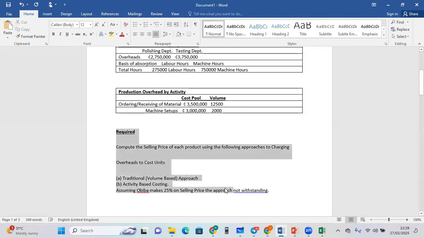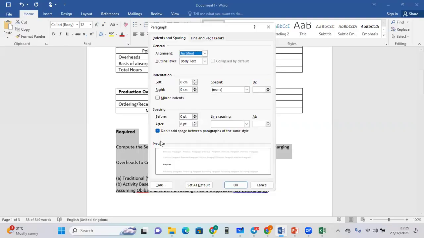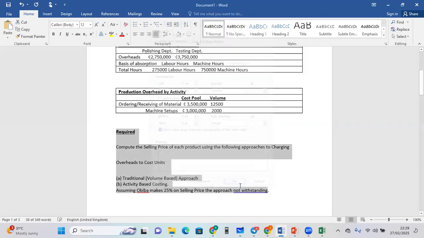Assume Obiba makes 25% on selling price, so not on cost price. If on cost price, then we do it as 25% of 100. But since it's on selling price, then it is a margin.